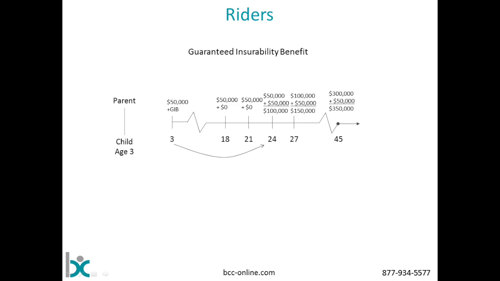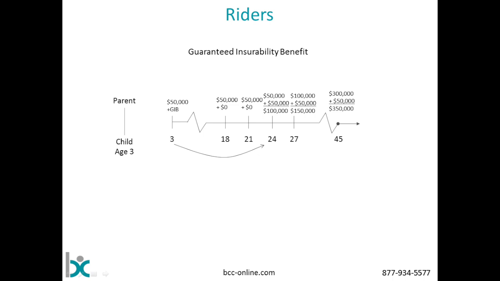The child now has $350,000 of life insurance, and even when the GIB runs out, so let's say that is the end of our GIB, that insurance still stays with them for as long as the term of the insurance happens to go. If it's permanent insurance, which as I said it most likely is, fantastic. We've got $350,000 of permanent insurance.